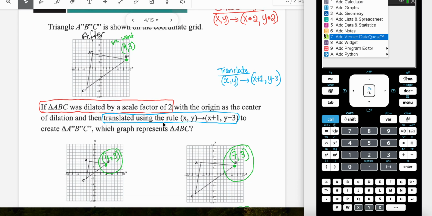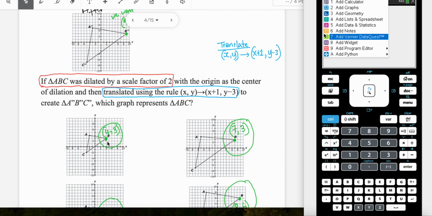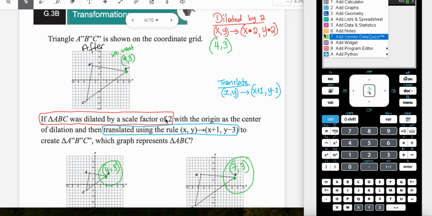So I'm going to start with the first graph. I'm going to start with this point, 4, comma 3, sorry, I said negative 3 by mistake.